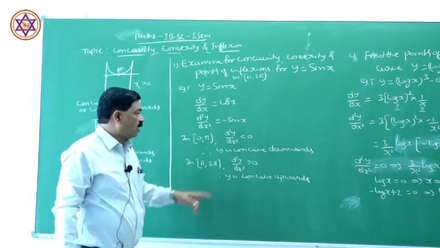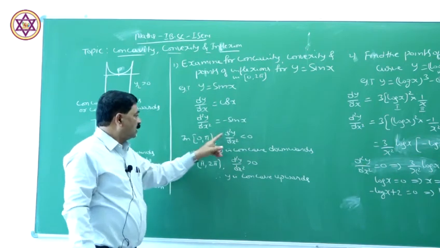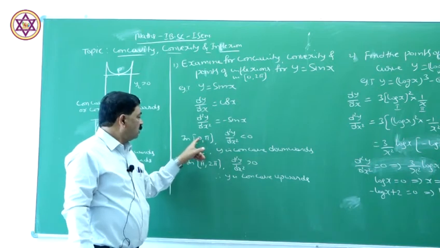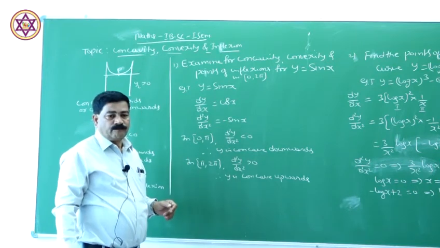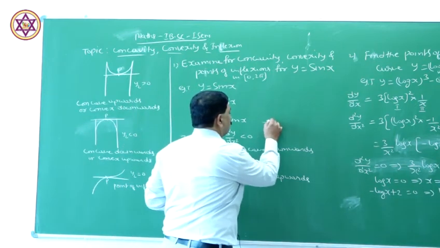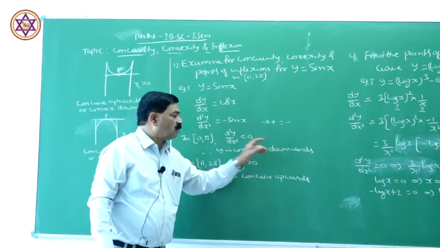In 0 to pi, d squared y by dx squared is less than 0, because in 0 to pi sin is positive. Therefore, minus into positive gives minus itself. Therefore, y is concave downwards.